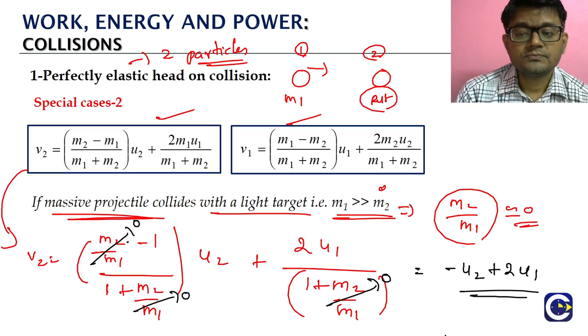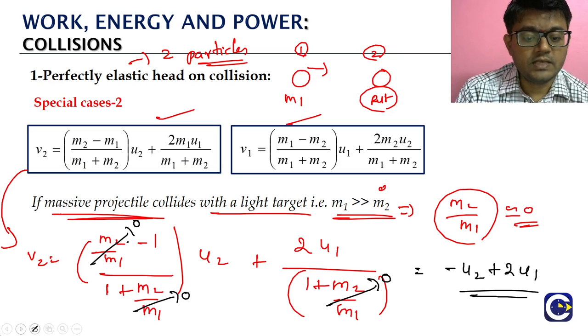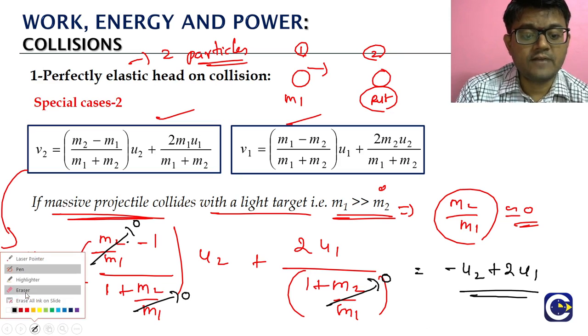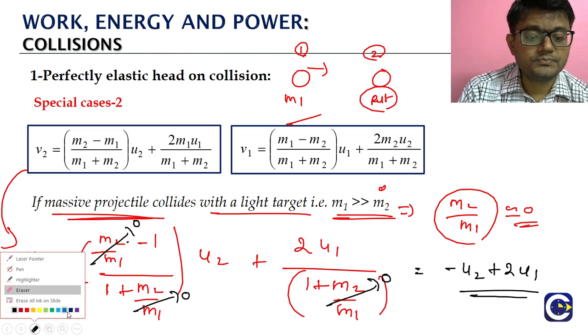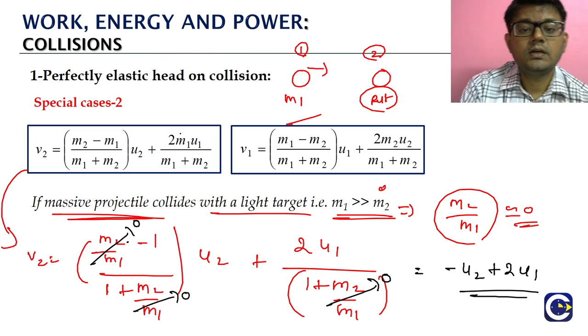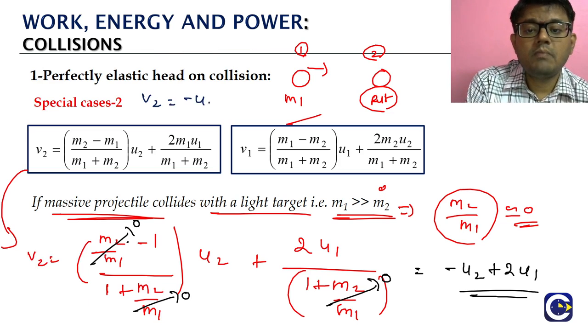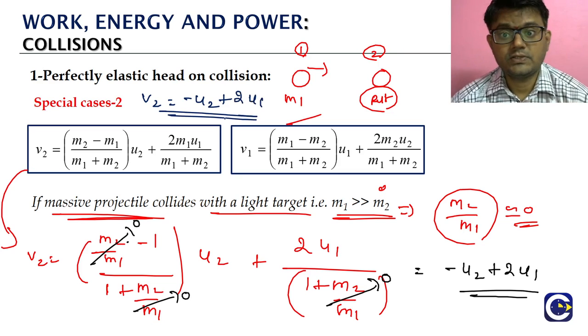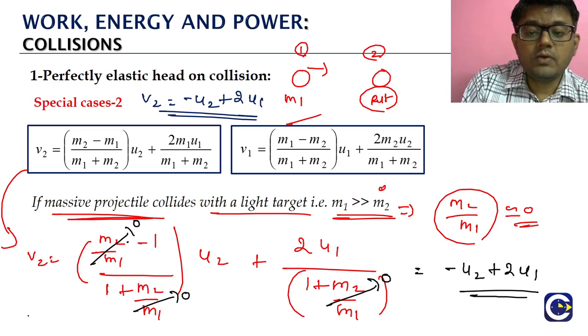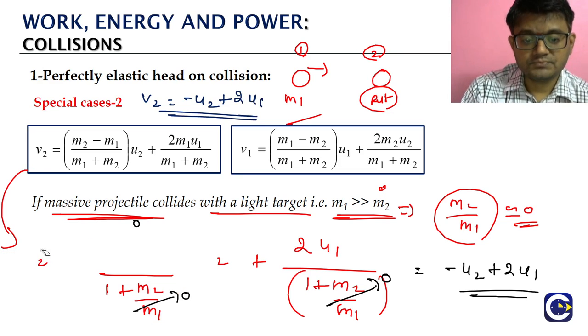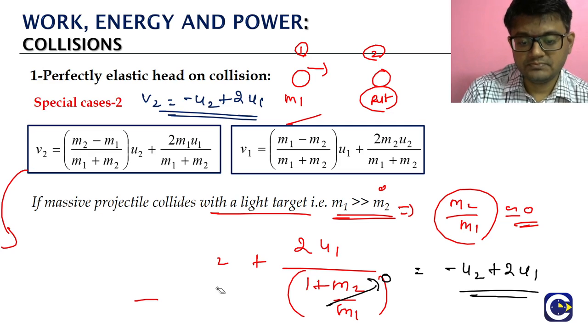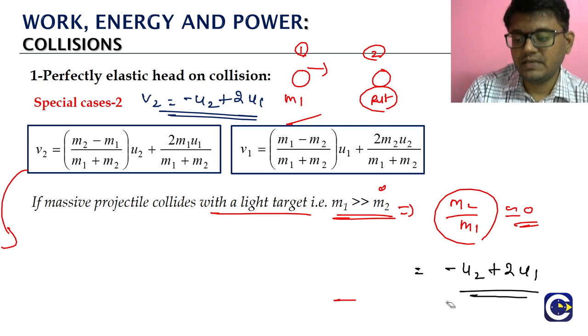So what is the velocity of the lighter target after the collision? V2 is minus U2 plus 2U1. That is the V2 expression. Now we look at V1, the velocity of the heavier, massive projectile after the collision. How will it come out?